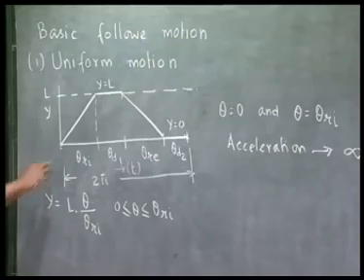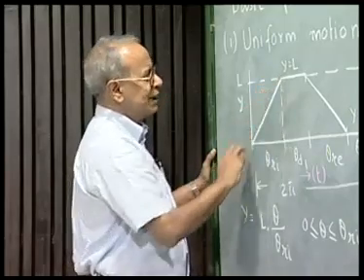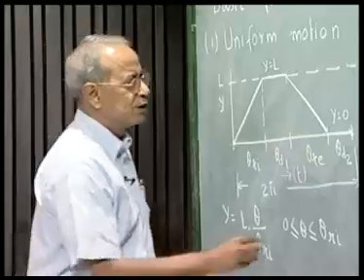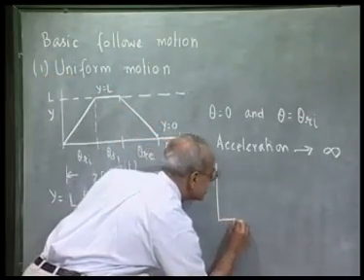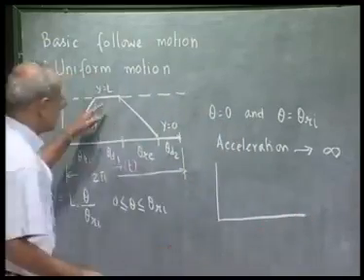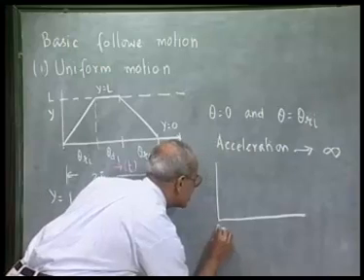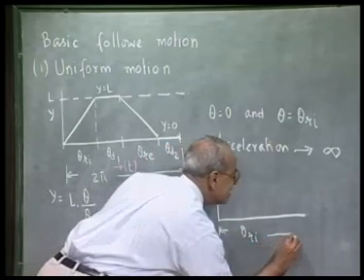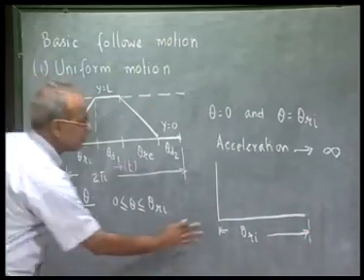That is why we would like to modify this such that it takes off smoothly and also ends smoothly at the beginning of the rise and at the end of the rise. So what we can do, let us concentrate only during the rise period. Exactly similar treatment can be done for the return period. So now onwards we will consider only this rise period, theta going from 0 to theta Ri.